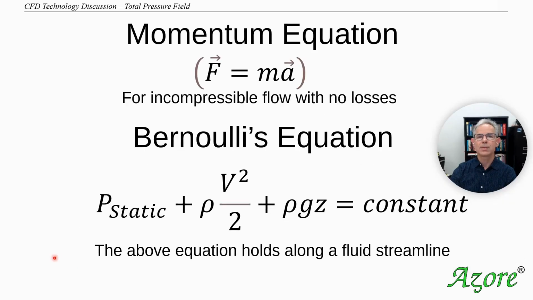The first thing we want to look at is the momentum equation. The momentum equation is basically force equals mass times acceleration. But if we break that down and go through a derivation, we can quickly use Bernoulli's relationship to come up with this relationship of momentum along a streamline, which basically says that the static pressure plus the dynamic pressure, which is the velocity squared over 2 times the density, plus the hydrostatic force, will be constant along a streamline if there are no other losses in the system.